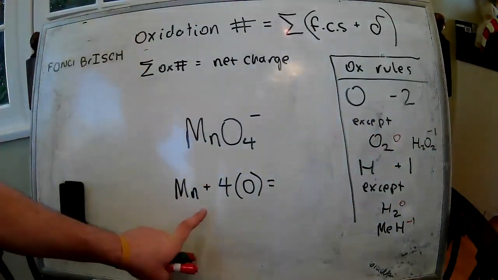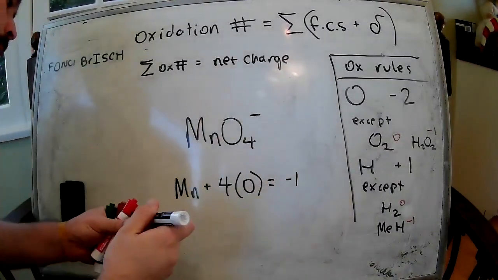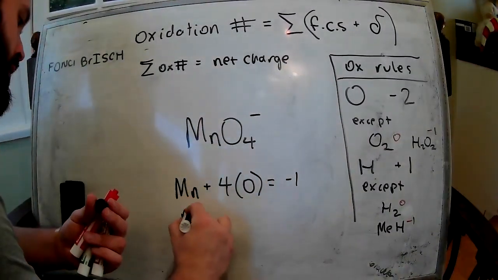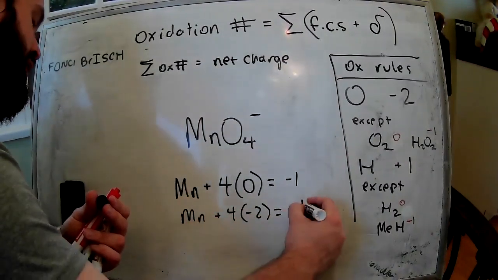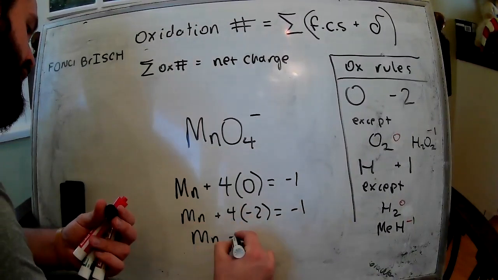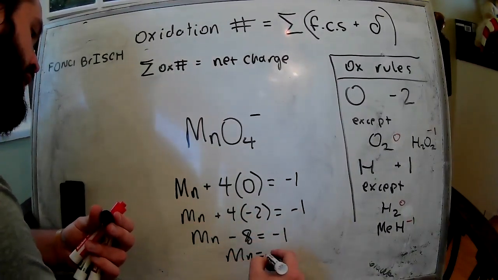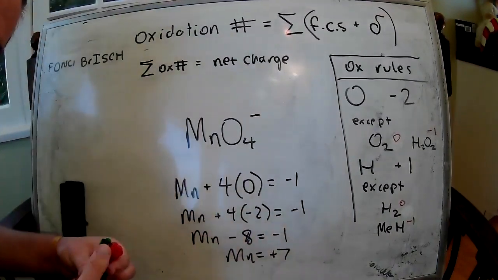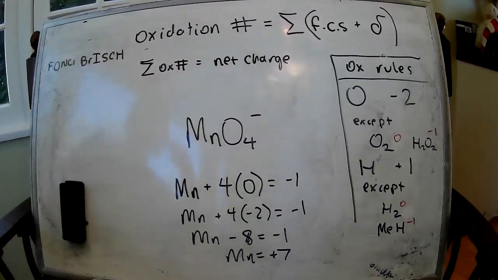So the sum of the oxidation numbers should equal the net charge, which is -1. And now we can plug in our -2. We're not on any of our exceptions. We get manganese - 8 equals -1. Manganese is +7.